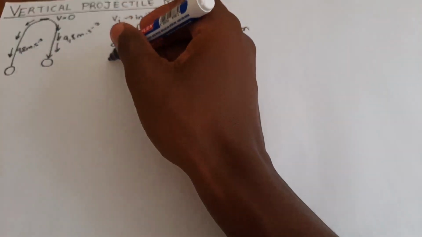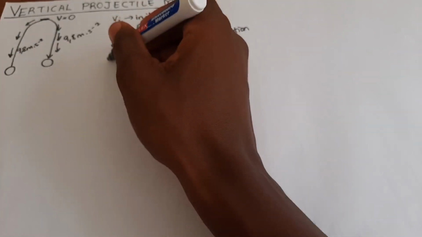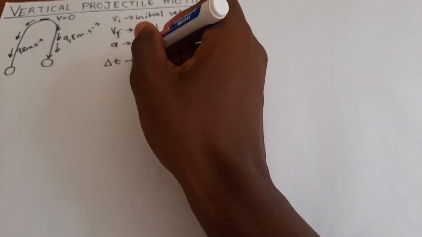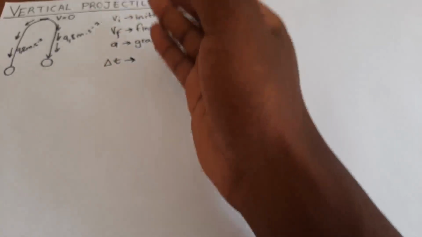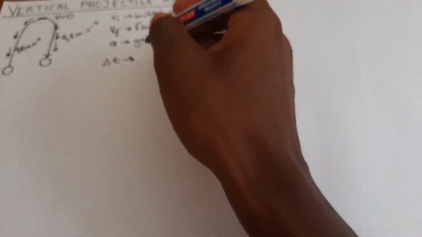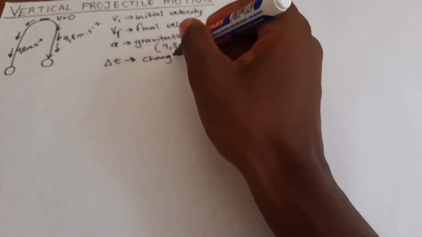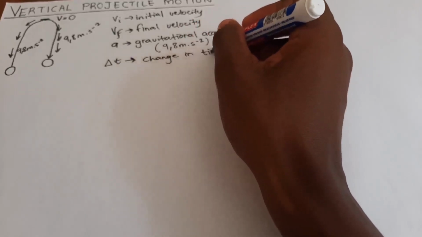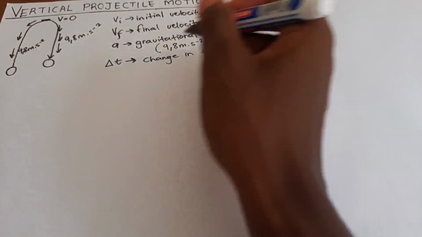Okay, let's move to change in time. So this is how we represent change in time. These are the variables that we are going to speak about: initial velocity, final velocity, acceleration, change in time, and change in y, which is change in displacement. Change in time has units of seconds.